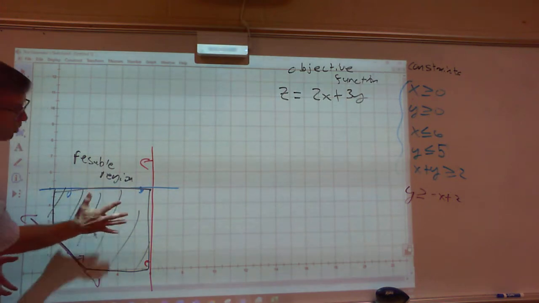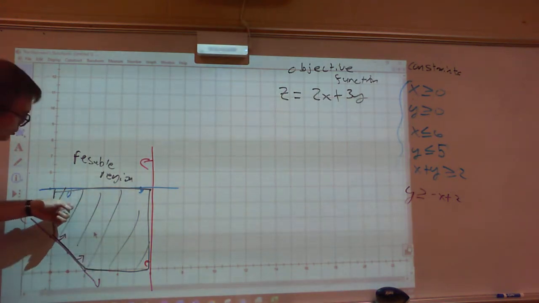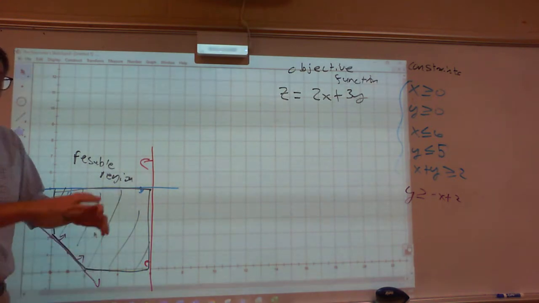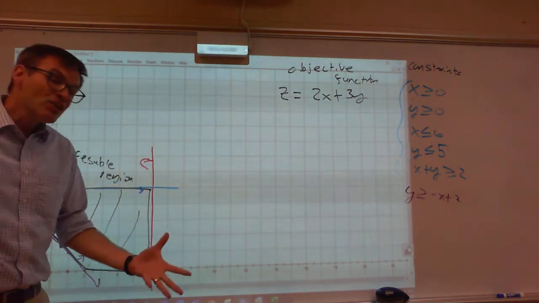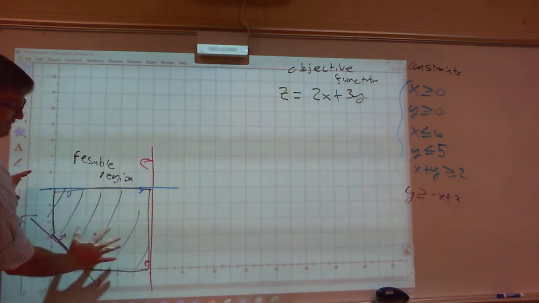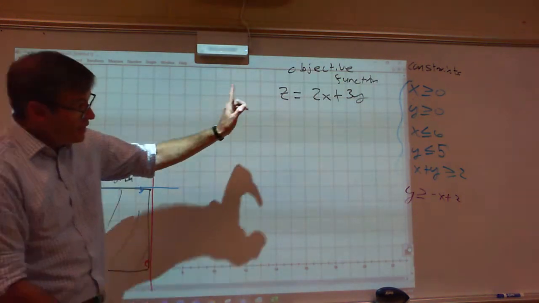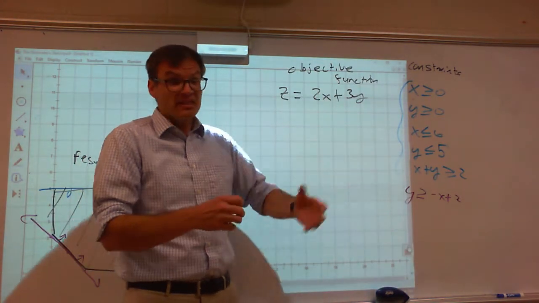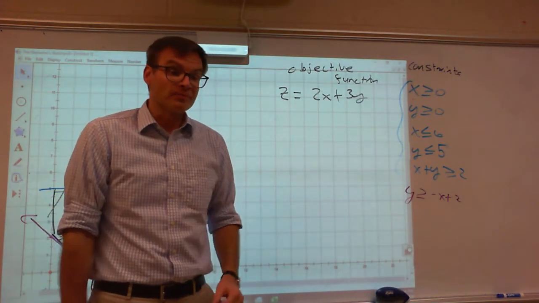It's got a whole lot of coordinates. It's got this coordinate, this coordinate, this coordinate, these little fraction coordinates, all sorts of coordinates. And in theory, what we're supposed to do is plug each coordinate in this mess into our objective function, and in this case, I want the absolute smallest number.